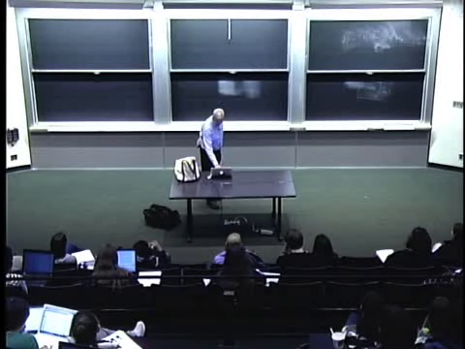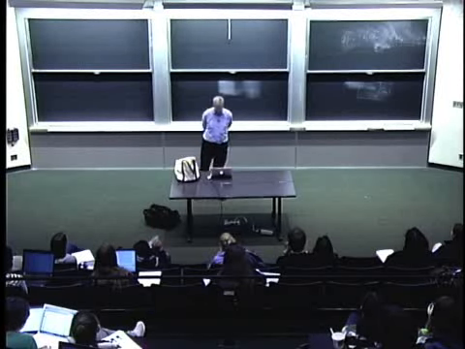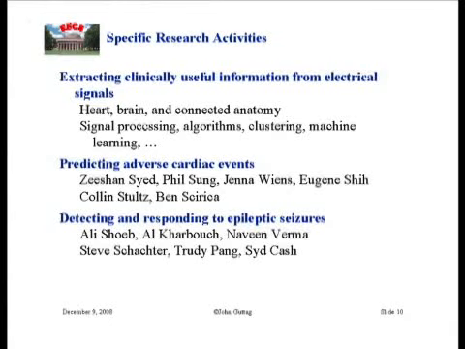So some of our specific activities, and this is only a sampling, we work on extracting clinically useful information from electrical signals in the human body. Mostly the heart, the brain, and connected anatomy. For those of you who've never studied anatomy, I've labeled the heart and the brain in the diagram for you.